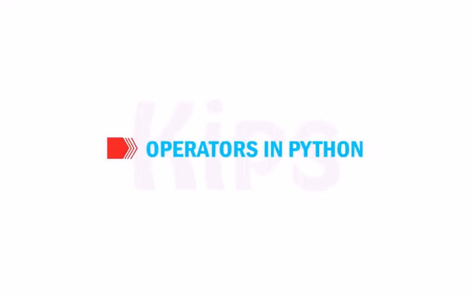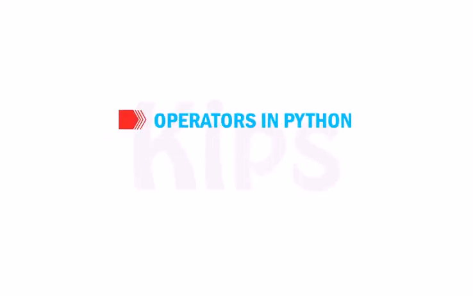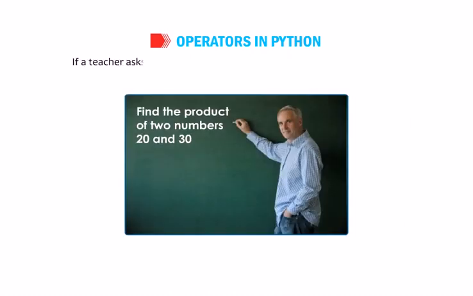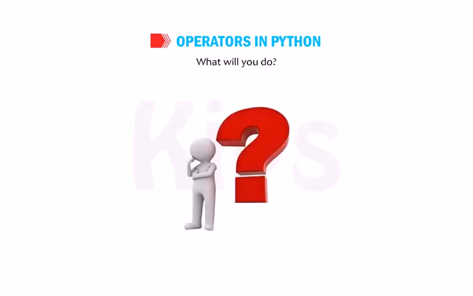Students, let me explain to you about operators in Python. Now the concept of variables and various data types in Python is clear to you. Let us perform some arithmetic and logical operations on the variables. If a teacher asks you to find the product of two numbers, say 20 and 30, what will you do?